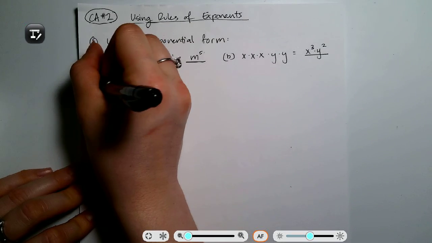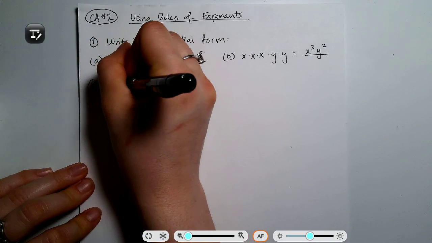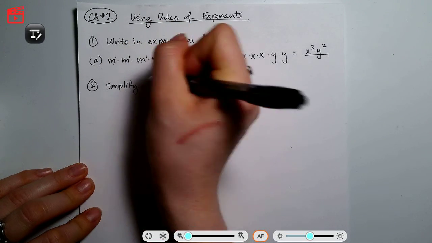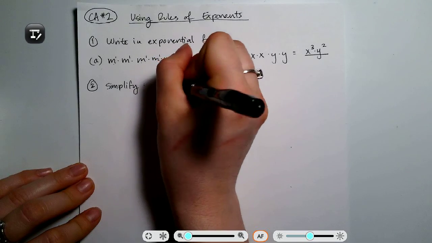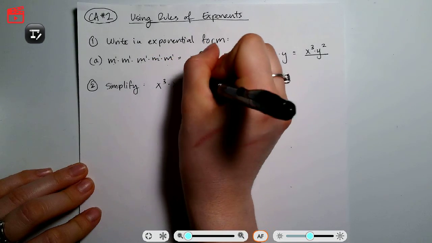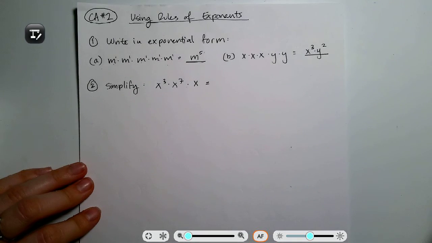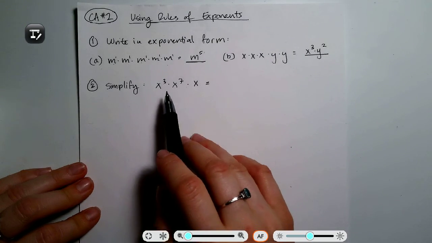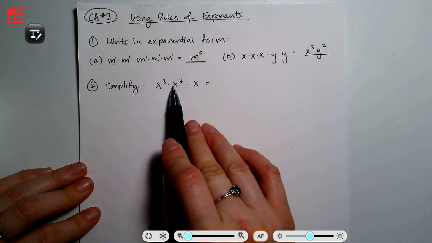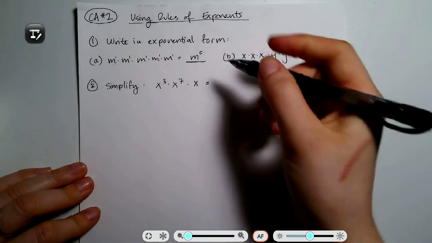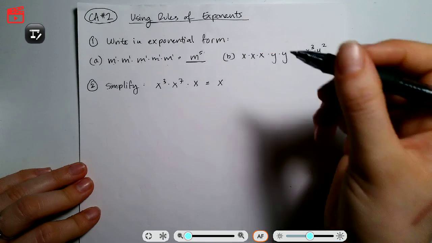Number 2, simplify. X cubed times x to the 7th times x. What would that equal? Well, let's see. So we have the same base, x, and it's being multiplied together. So the rule for that is you keep the base and you add up all the exponents.